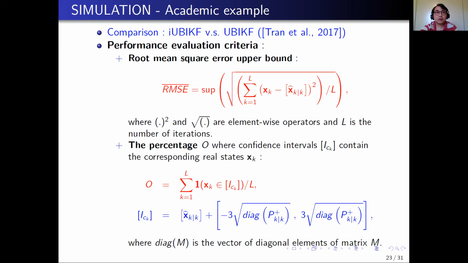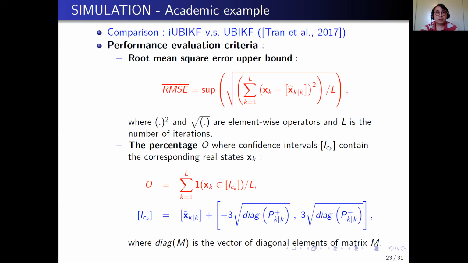The first one is the root mean square error upper bound, denoted by the overline of RMSE, defined by this expression, in which square and square root are element-wise operators, and L is the number of iterations.